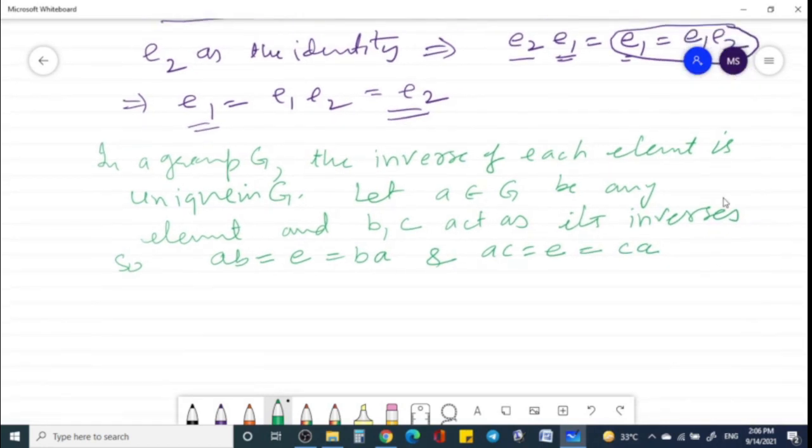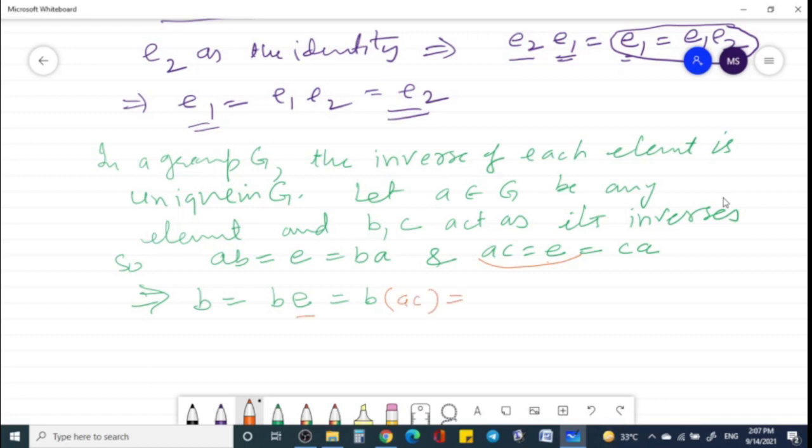So from this we can take that B can be taken as BE. Okay. Now BE can be taken as, E can be replaced by AC here, so B(AC). Okay.